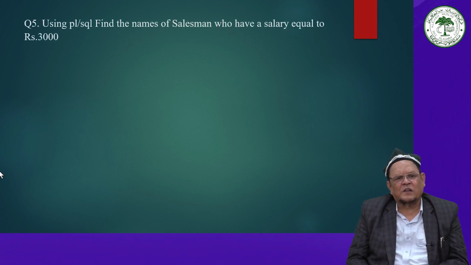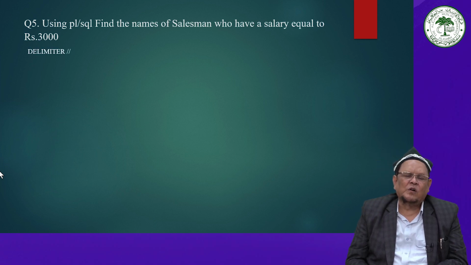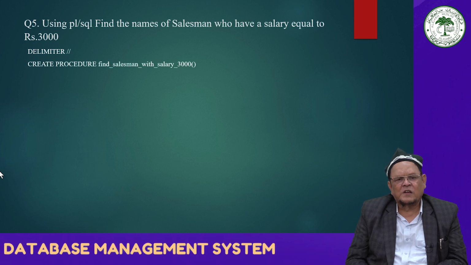The last question was using PL/SQL, find the name of the salesman who has a salary equal to 3,000. For that, in the same way you have to write delimiter //, create procedure find_salesman_with_salary_3000, then parentheses.